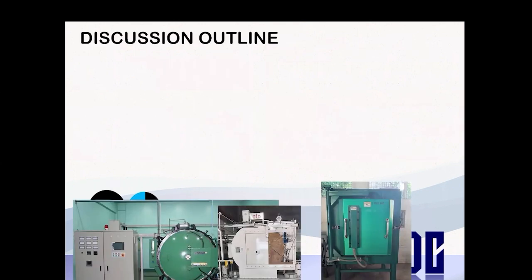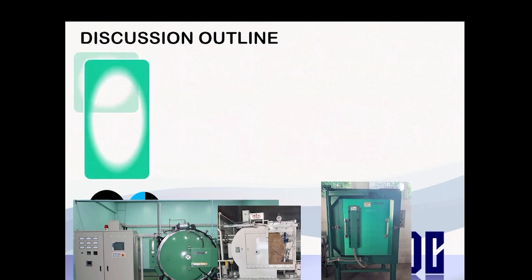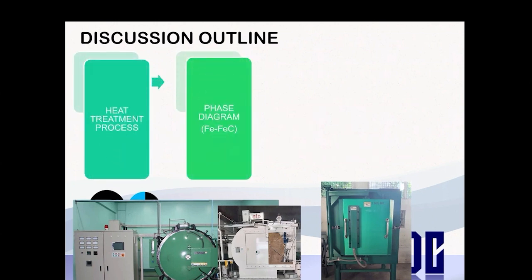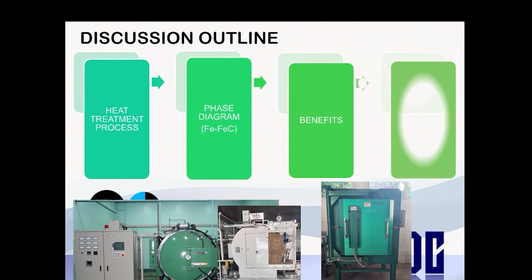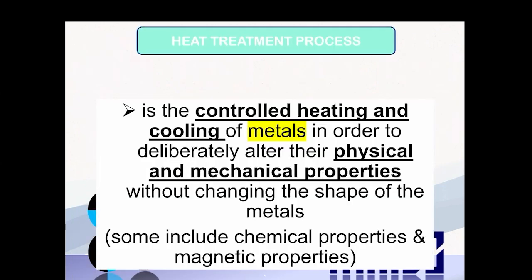Okay? So overview of heat treatment, ang discussion outline po natin is what are the heat treatment processes. So again, yung phase diagram, i-relate natin sa phase diagram. And then of course, what are the benefits of heat treatment? And then lastly, of course, is what are the MIRDC heat treatment technologies or furnaces inside the Metals Industry Research and Development Center.